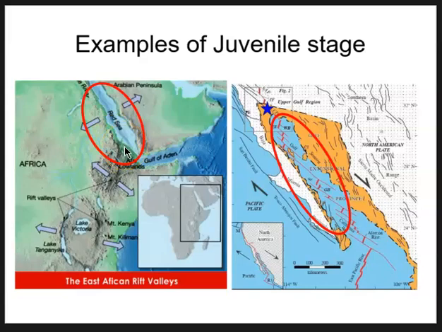A linear sea is a sea where you have perfectly matching up coastlines on either side. So there's not a defined continental shelf yet. And another example is seen in the Sea of Cortez here where again, you've got a divergent zone basically creating a linear sea.